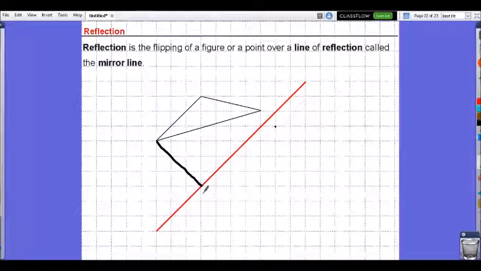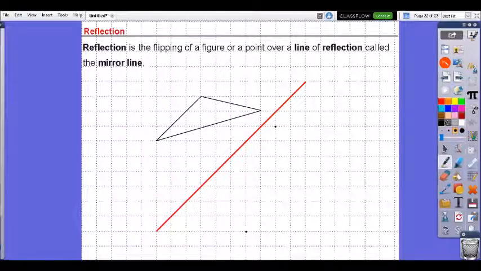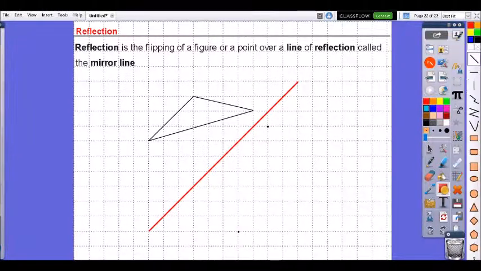Then I need to go after the middle line also 3 squares. So 1, 2, 3 squares. You stop here. Okay, so this is going to be the point. Now I need to connect them. And done.